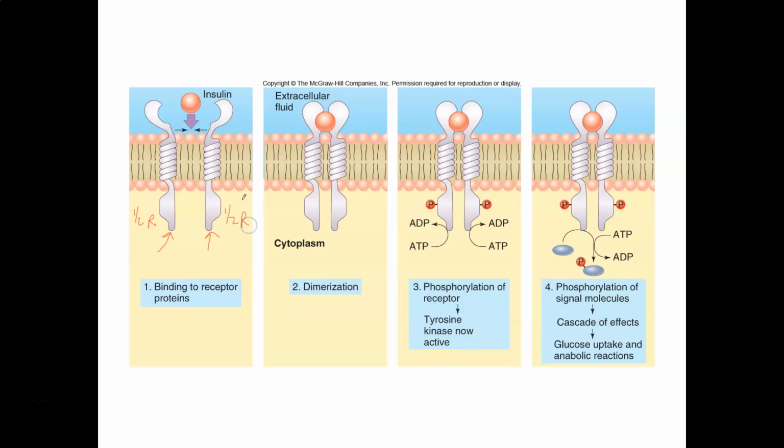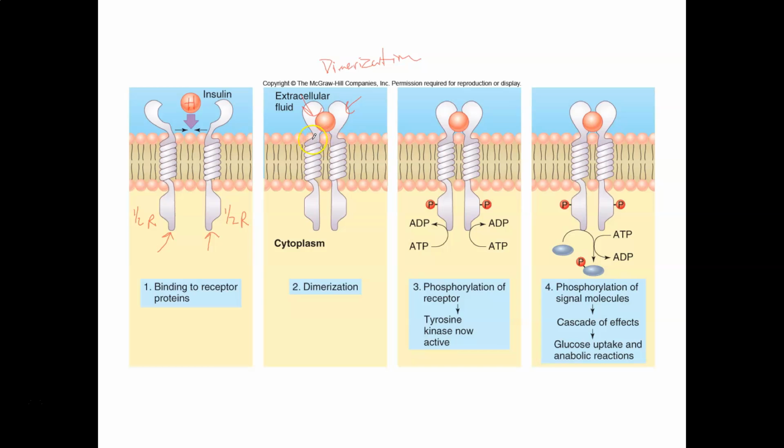Insulin, as an example, the hormone, comes along and causes what we refer to as dimerization of the receptor. The tyrosine kinase receptor exists as two separate parts. When the insulin comes along, it brings those two halves together. And when those two halves come together, we get what's known as dimerization.